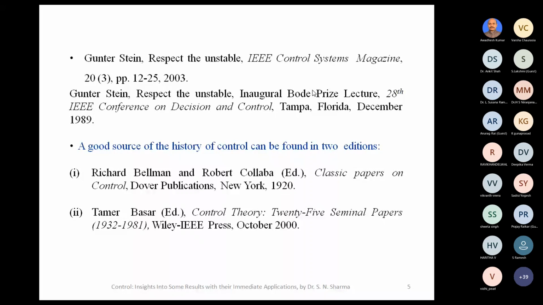He discussed a set of two equations. The equations are very simple. Bode's sensitivity integral has two integral equations. It is very simple, but if you see its power, it is very powerful.